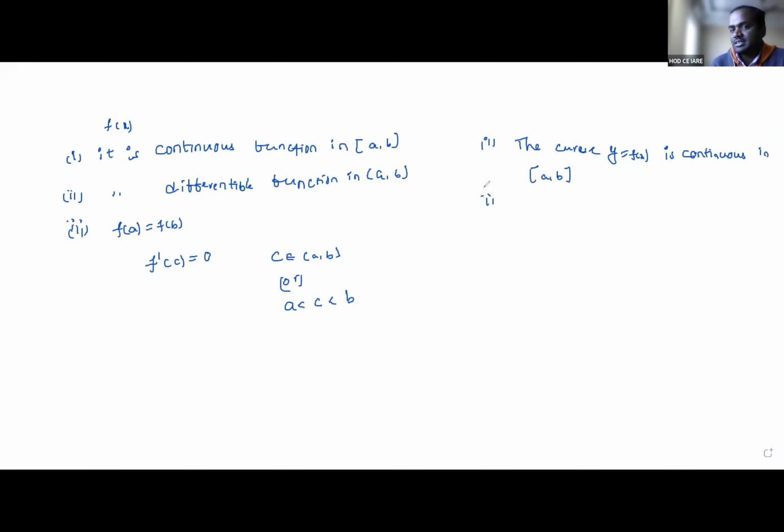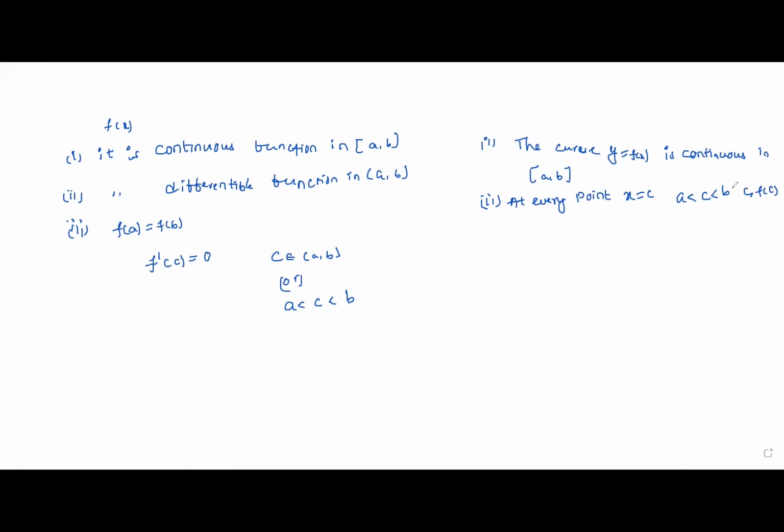And the second condition, at every point x is equal to c, here c is such that a is less than c is less than b, in the open interval of a comma b, the point of tangent is c comma f of c on the curve y is equal to f of x, which is a unique point.